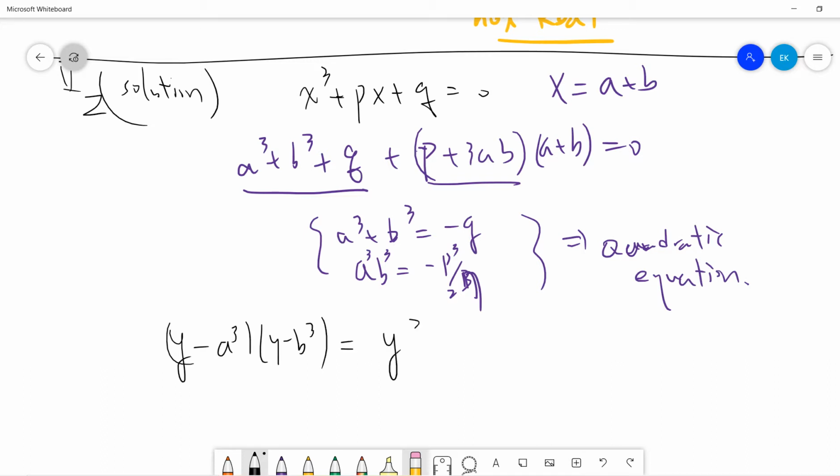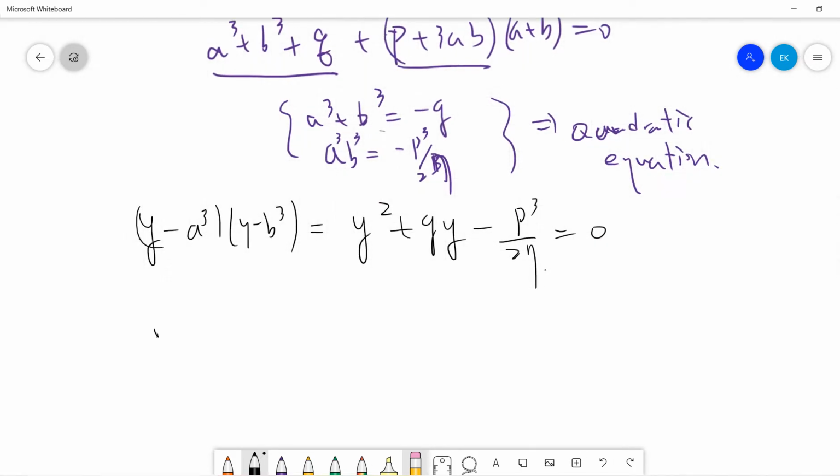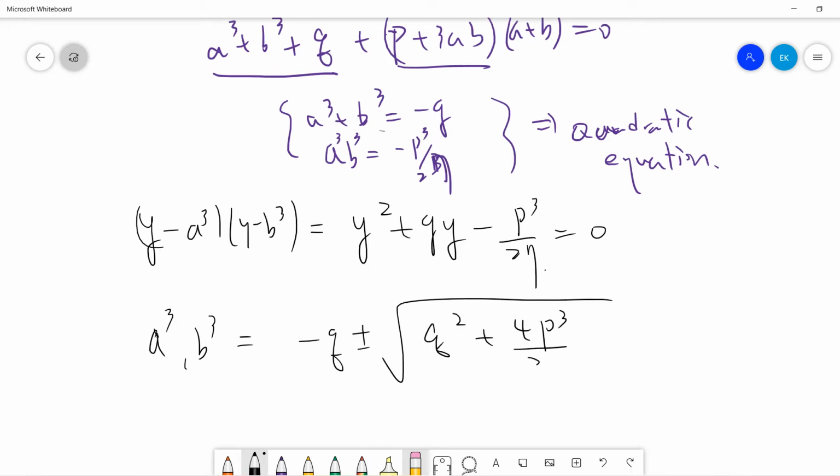This will give you y squared plus the sum and the product. So your answer for a cubed and b cubed will be minus q plus or minus the square root of q squared plus 4p cubed divided by 27, all divided by 2, right? This is just using the cubic formula.